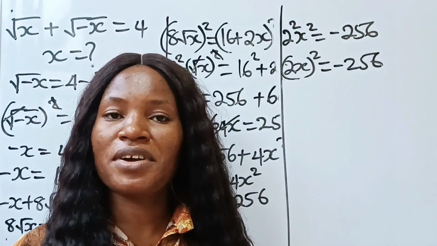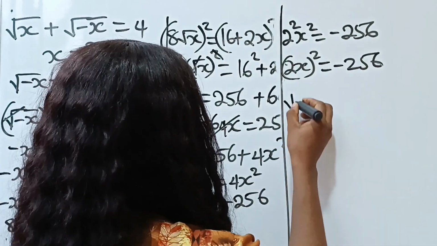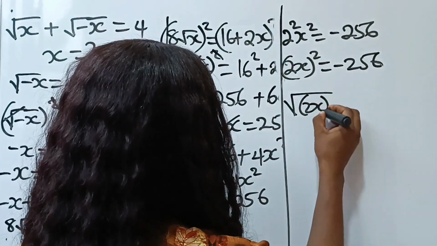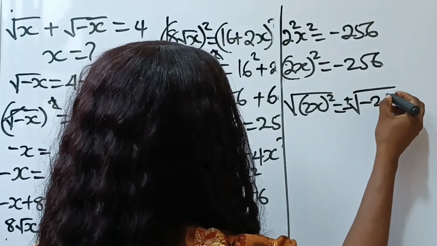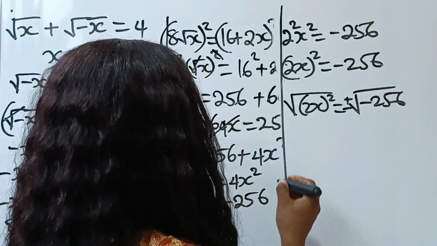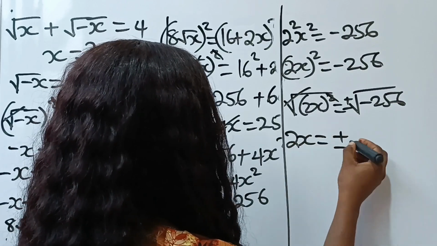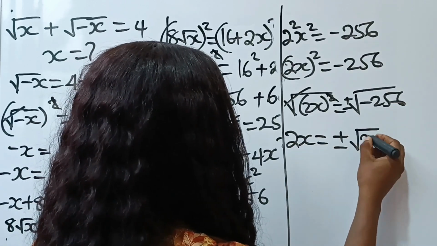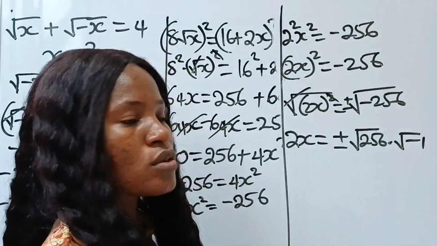Yes, now at this point we can take the square root of both sides of the equation. So if we do that, we have the square root of 2x squared is equal to the square root of minus 256. All right, so we cancel this, we have 2x is equal to plus or minus, the same thing as the square root of 256 multiplied by the square root of minus 1.